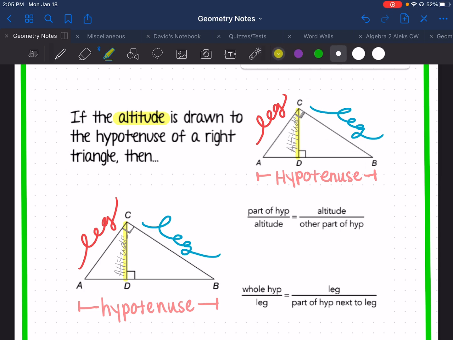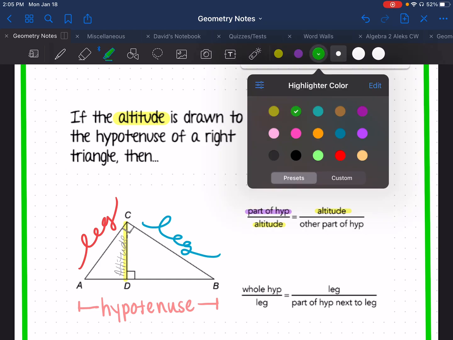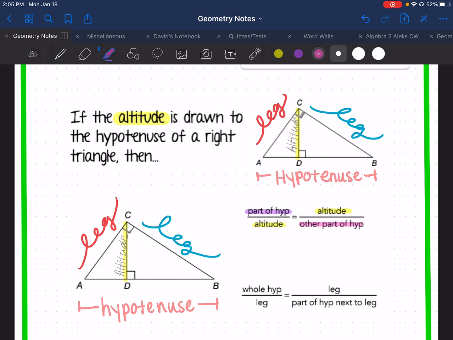If I know that the altitude is marked, it becomes my geometric mean. So notice, just like what we showed up above, the geometric mean always goes crisscross from each other, one in the denominator, the bottom, one in the top, the numerator. So there's my geometric mean, my altitude, and then it's saying part of the hypotenuse, and then other part of the hypotenuse. So here is one part, here is the other part.